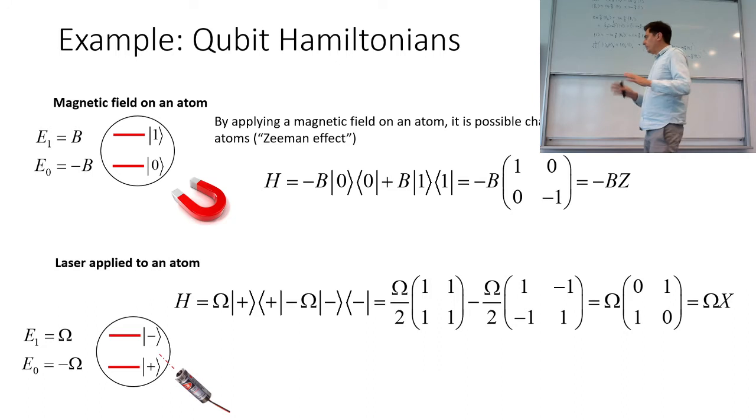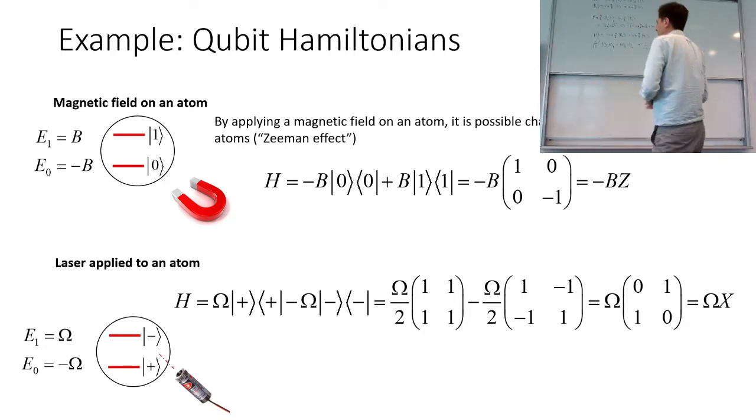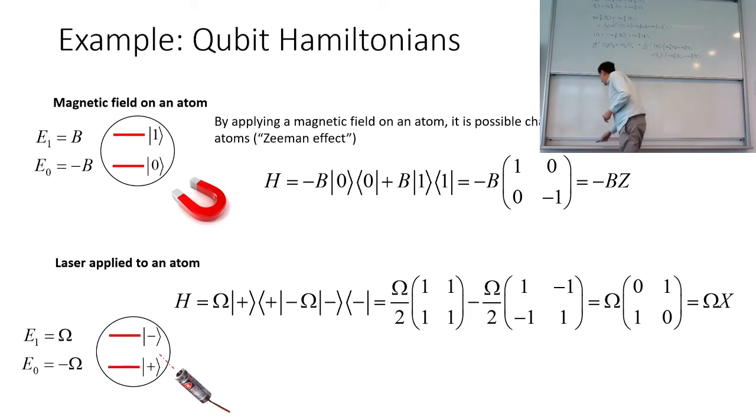It could be in some funny basis where the individual states are not just straight 0 or 1, but some superposition. So this plus and minus is some superposition state. Remember, plus is 1 over root 2 times 0 plus 1, and minus is the same state, but with a minus sign.